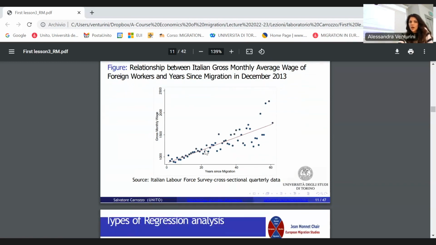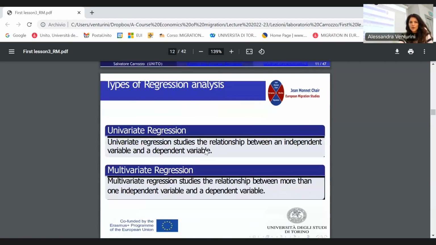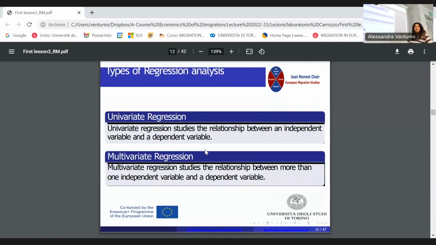Okay. Before we continue, an important distinction is between univariate regression and multivariate regression. The univariate regression studies the relationship between an independent variable and a dependent variable, just one. Multivariate regression studies the relationship between more than one independent variable and a dependent variable.